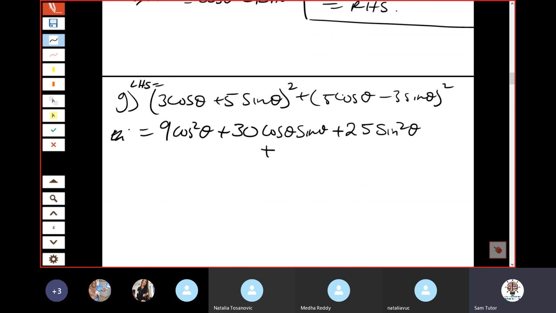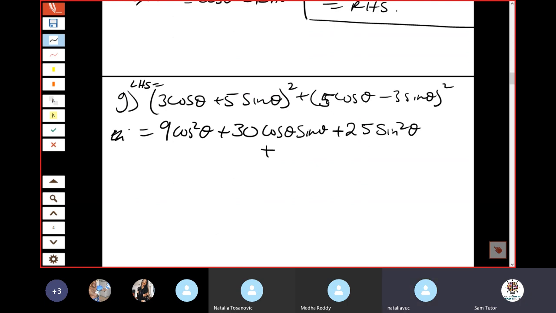Plus, do it again. Let's go with this one here. What are you going to write? Plus, we've still got to expand this one. So what's this one squared? 5 squared.